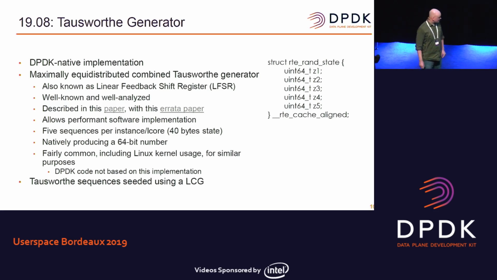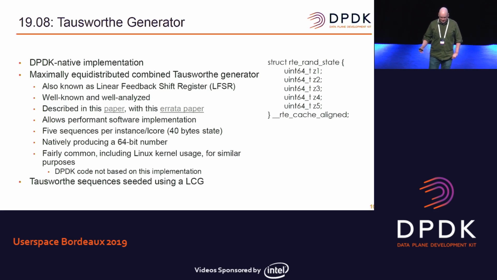So this is the generator I ended up implementing. It's something called a Tausworthe generator. It's a DPDK native implementation, so it doesn't rely on any third party or libc or anything like that. Technically, it's a maximally equidistributed combined Tausworthe generator.